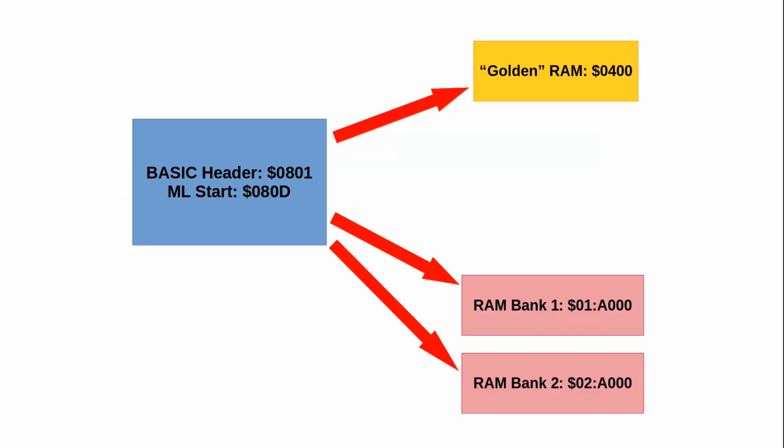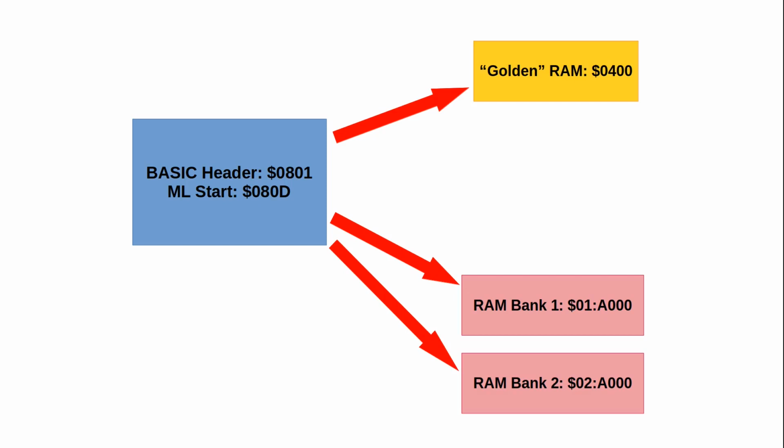So our initial load will be here, this blue box, which is what all of our programs have been so far, the main part of the program. It's going to be loaded at hex 0801. It's going to have the BASIC header with the SYS call to start the machine language program at hex 080D.